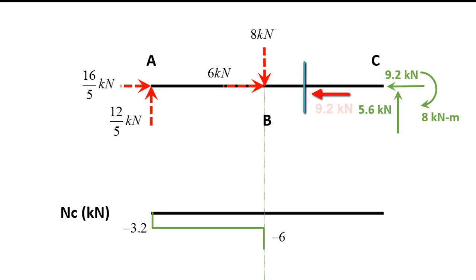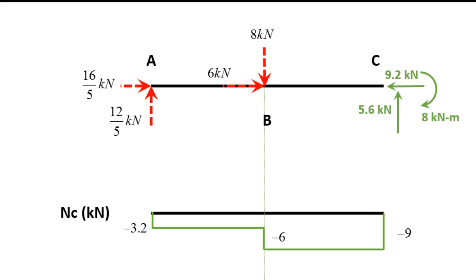Then I need a 9.2 to the left. So the segment between A and the point of cutting between B and C is in compression. So again, the whole thing is in compression. So at point B I have -6.